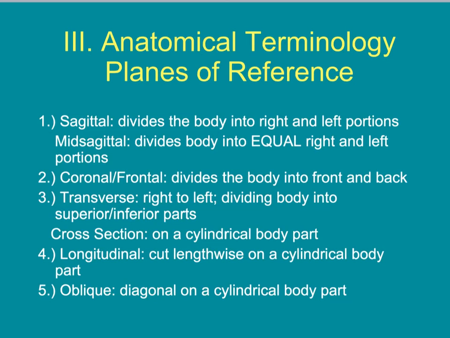So if you were to saw a blood vessel in half down the middle, you would see a cross section. Longitudinal means a hot dog cut. It's cutting it into top and bottom portions. And lastly, oblique allows you to see layers of something when you cut it at an angle.